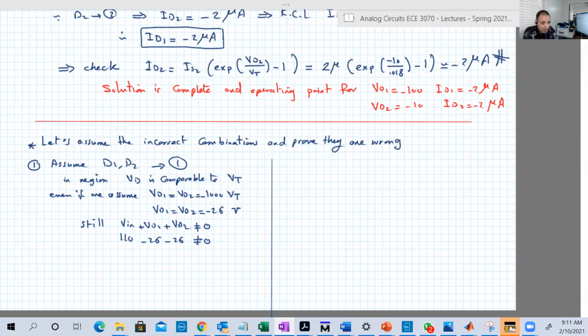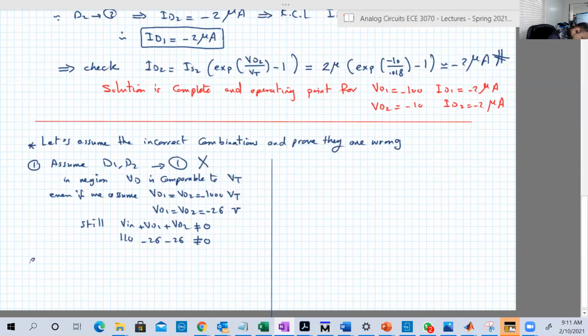So still 110 minus 0.26 multiplied by 10 to the power minus 3 to convert millivolt to volt, is still not equal to zero. So that's basically an incorrect assumption.